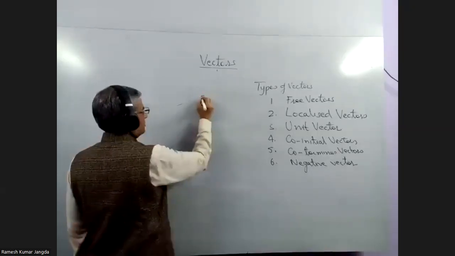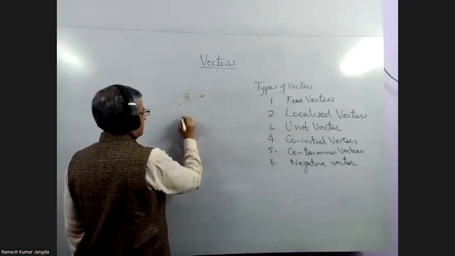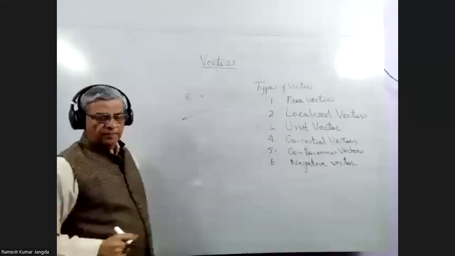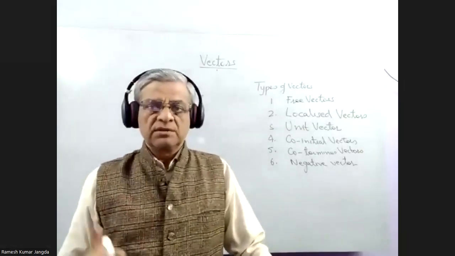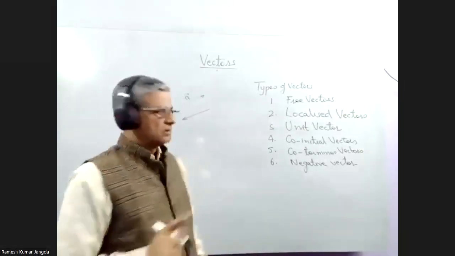If this is a vector A, and I reverse its direction without changing its magnitude, then this becomes negative A, the negative of vector A.